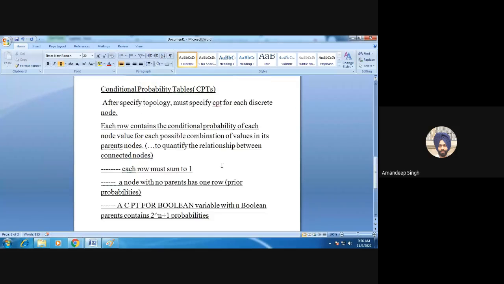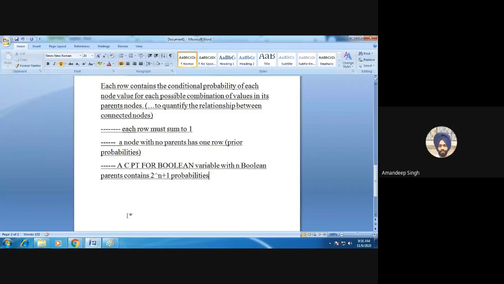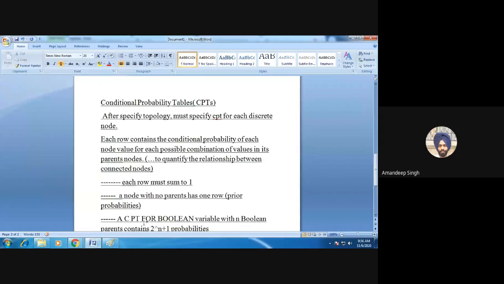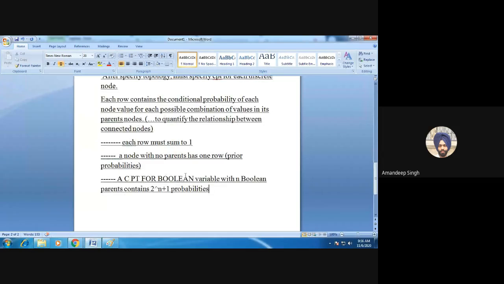So continuing with the conditional probability tables that we need to build for each discrete node, it has certain properties associated with itself. That is, each row must sum to 1. A node with no parents has one row. That is, when the parents are missing, there is one row. And if the variable has n Boolean parents, then the probabilities will be 2 raised to power n plus 1.